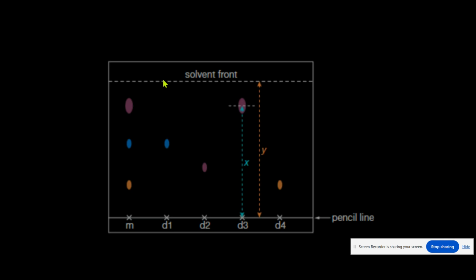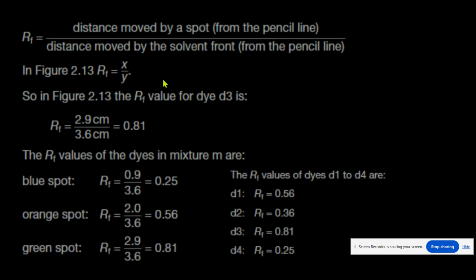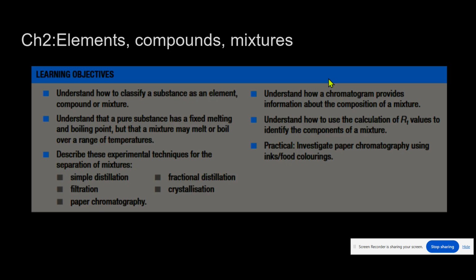Water travels fastest. And using these different speeds and calculating that retardation factor, that ratio, we can identify the components of a mixture. Later in this class, we will do an experiment using paper chromatography.